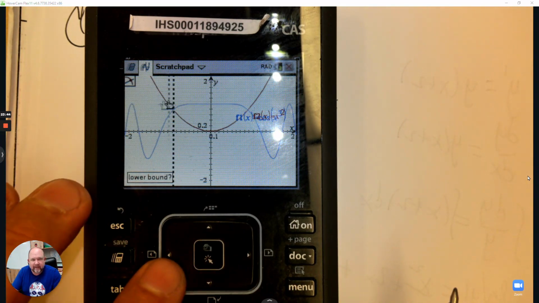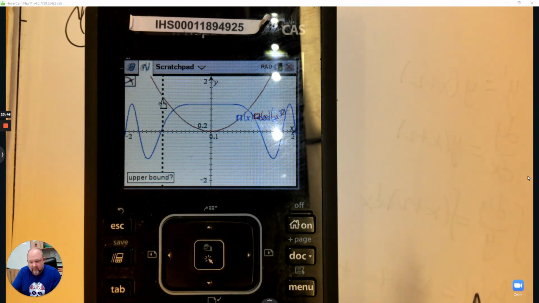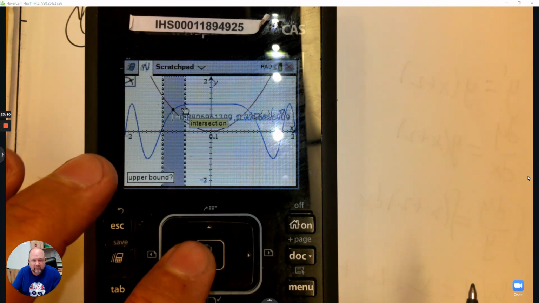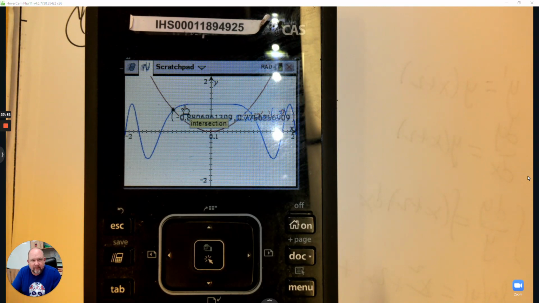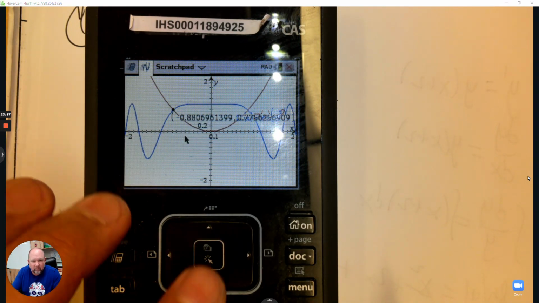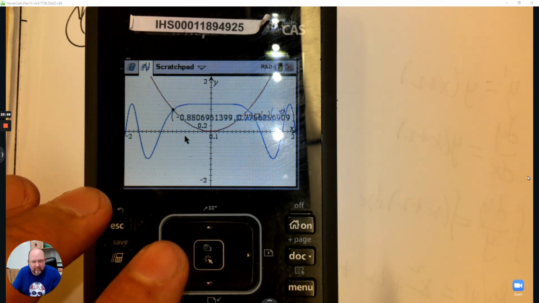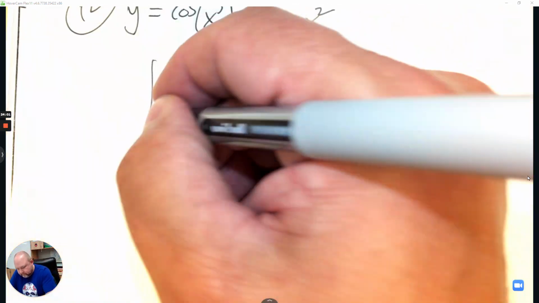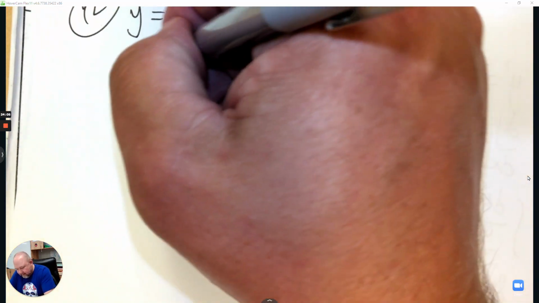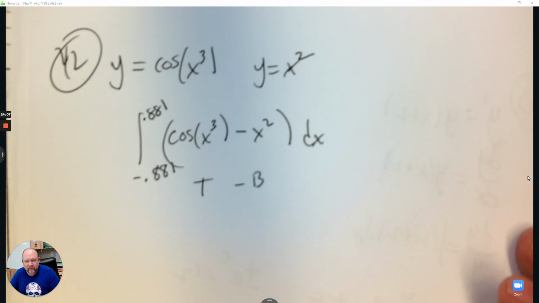Move it to the left, press enter, and then move it to the right, and then as soon as it crosses over, it'll tell you what that point is. So it's negative 0.881. And it is symmetric, so on the other side is 0.881, the way trigonometry works.